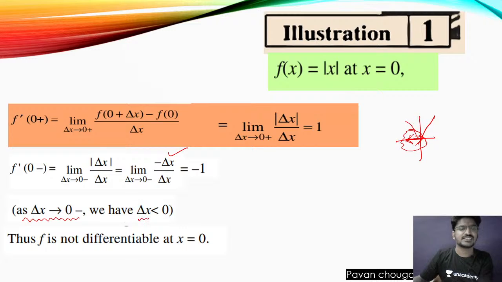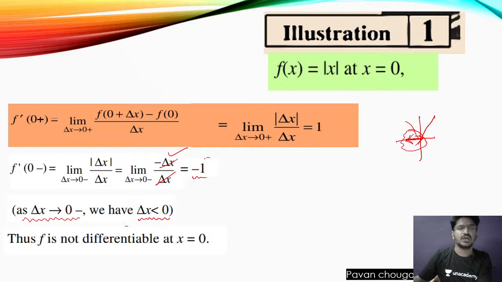Here delta x is less than 0, that means delta x is negative. Now if I cancel these two terms, your answer is going to be -1.